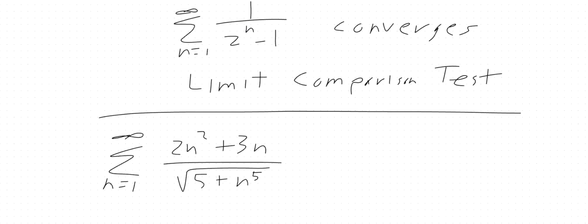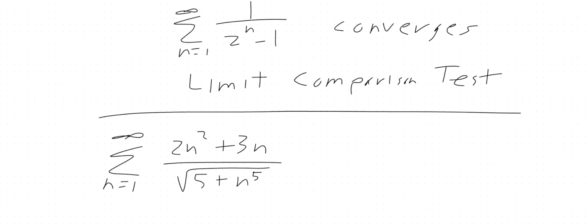All right, so this is kind of a mess. So in order to try to do some comparison, because the integral test isn't going to work, let's go ahead and just focus on the numerator and denominator and find our leading terms. So where do we have the biggest exponents?